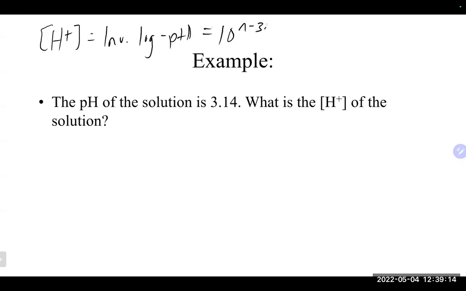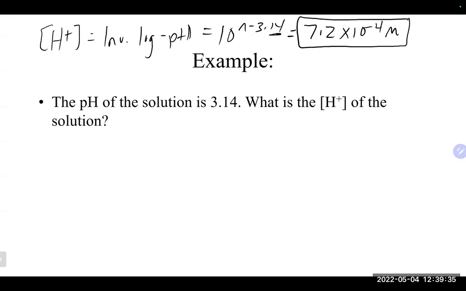So punching that in, hopefully correctly here, will get you 7.2 times 10 to the minus 4, it looks like. And once again, 2 decimal places, 2 significant figures in that case. Any questions on that one there?